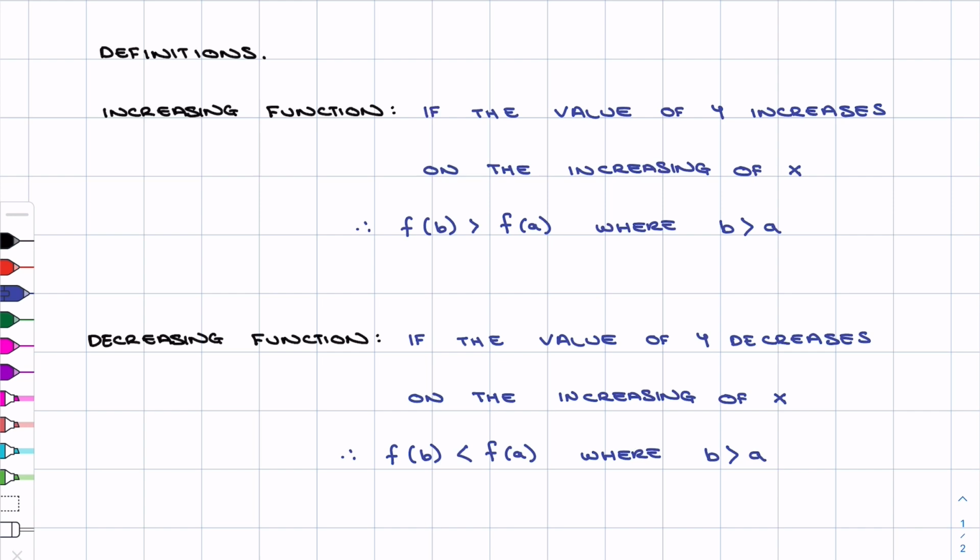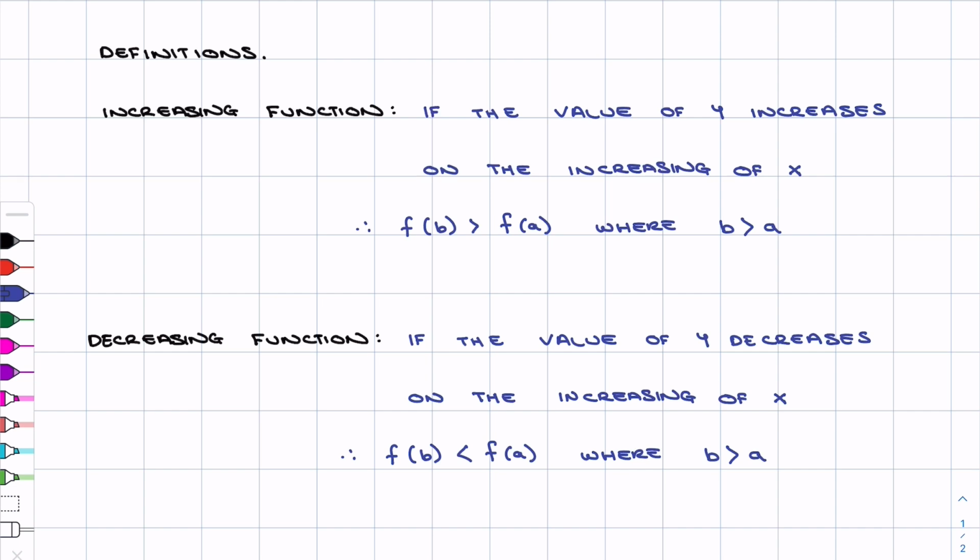So with an increasing function, if the value of y increases on the increasing x, we call this an increasing function. Now, obviously, in a lot of circumstances, we talk about x and y being our two variables, y being our dependent variable, and x being our independent variable.